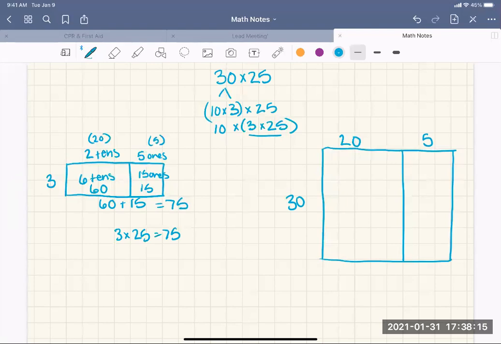Okay, so we've done 3 times 2, or 3 times 2 10s, or 3 times 20, which we know is 6 10s. Well, now we have 30 times 20, what is that? Well, we know 3 10s times 2 10s is going to give us 6 hundreds, right?